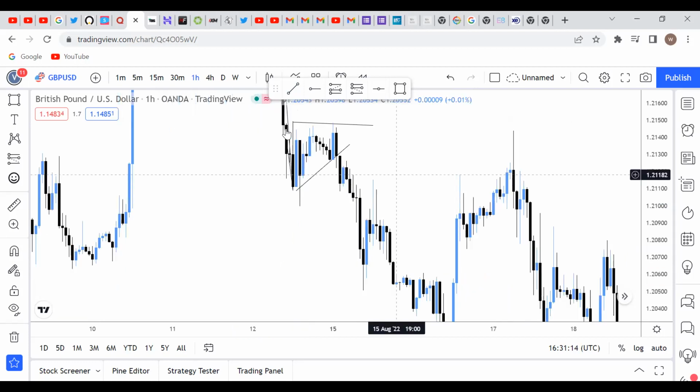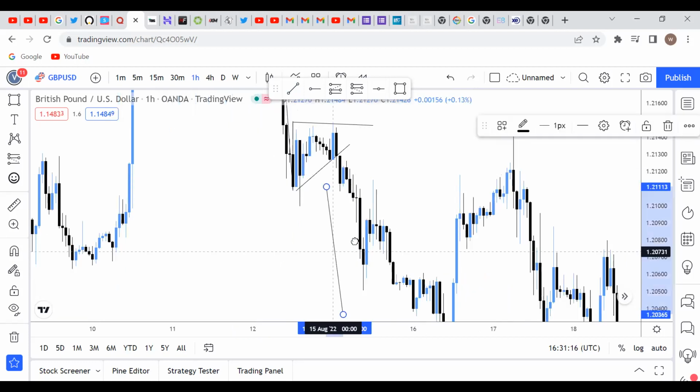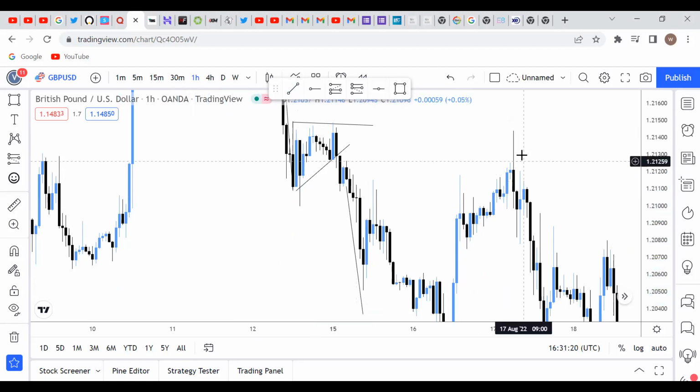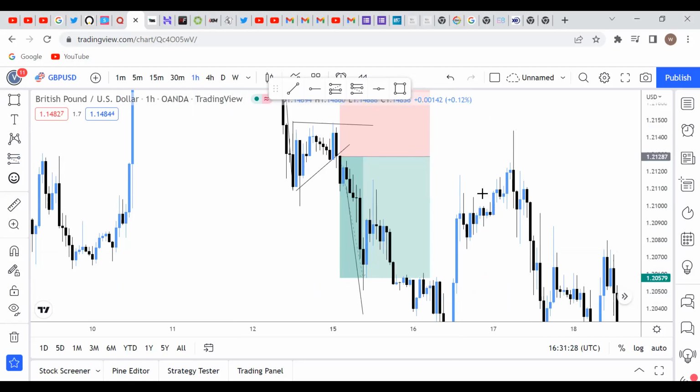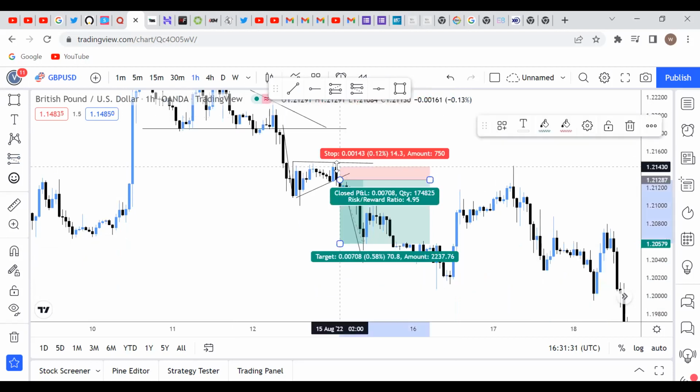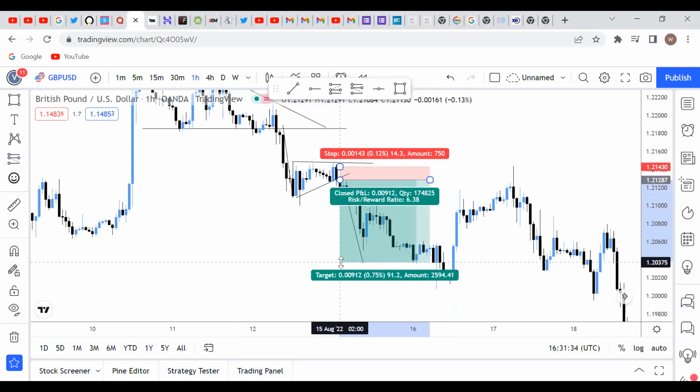You can just take it from here and put it down here. That's your take profit level. So guys, the entry is always at the breakout candle. Above the breakout candle, that's where you put your stop loss, and your take profit will be the size of the pole.